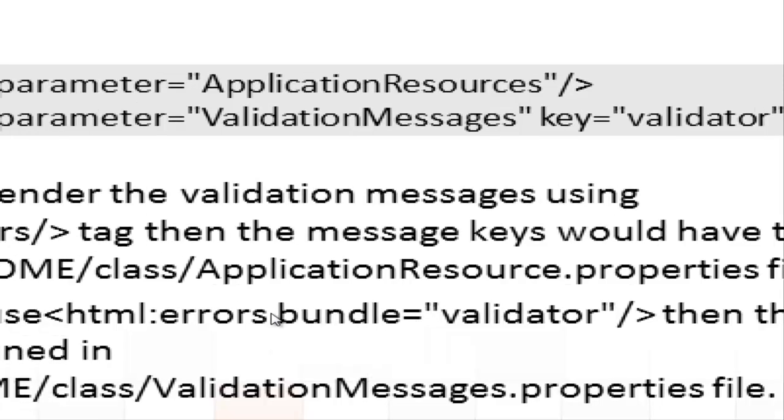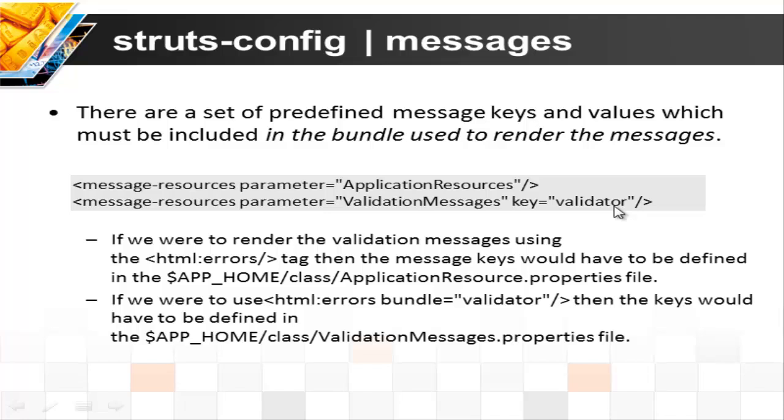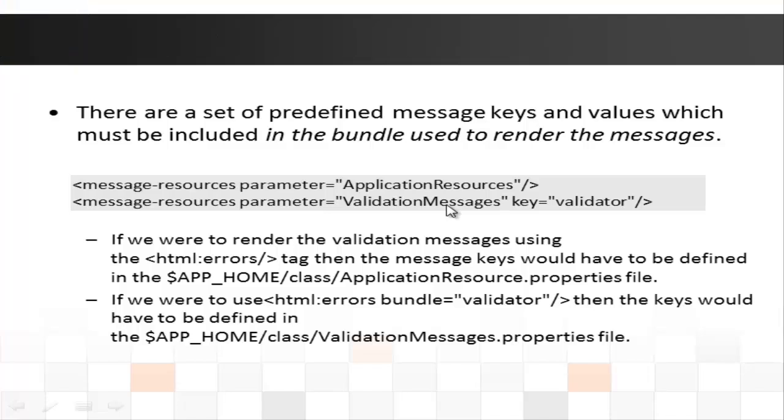So if you notice here, html:errors bundle is validator. So that's a name. This is the actual file name. This is like a reference name that is given to it. So you are just using the reference name, not the actual file name. So when you say bundle equal to validator, it doesn't mean that it's actually the name of the file. The name of the file will be something else.